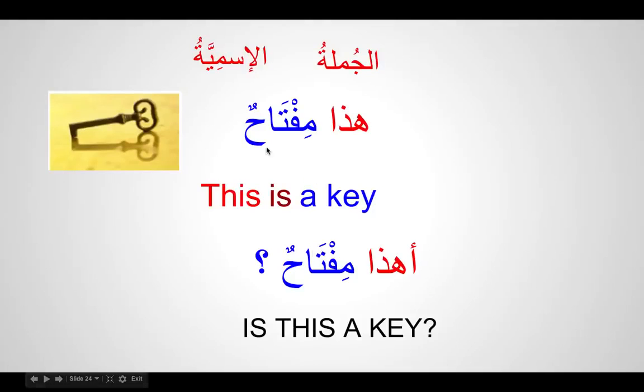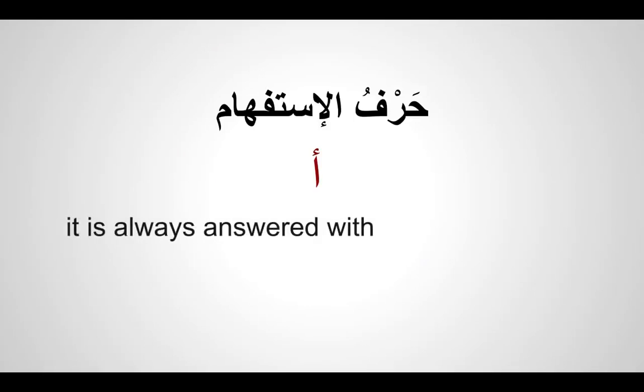So if you say هذا مفتاح, say أهذا مفتاح, is this a key? If you see here, the tone of the sentence is changed. It's like a rhetorical question, and you are expecting some answer. So the answer always begins with either yes or no. If you're asking is this the key, either you say yes, it is a key, or no, it is not a key.